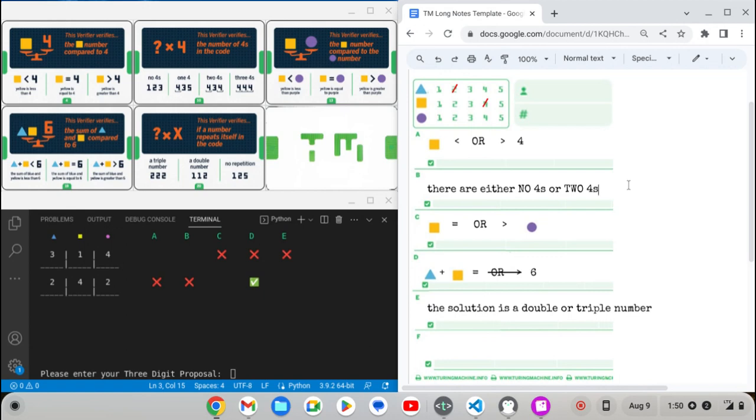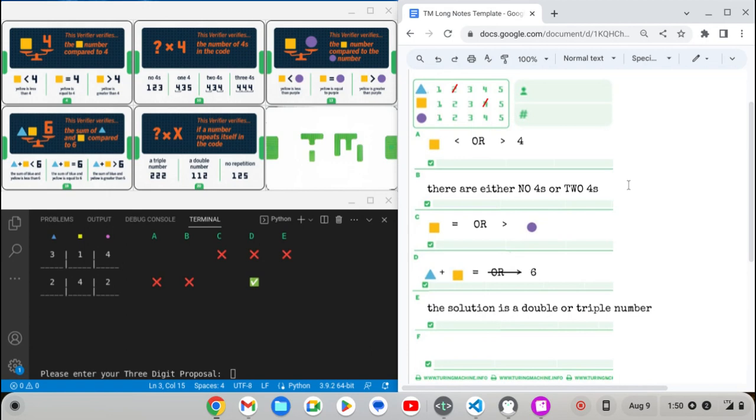Well, let's see, if there are no 4s, then the sum that makes up 6 would have to be 2 odds. And let's see, we still have the fact that square could be equal to or greater than circle. Wow, there just seems to be too many possibilities.